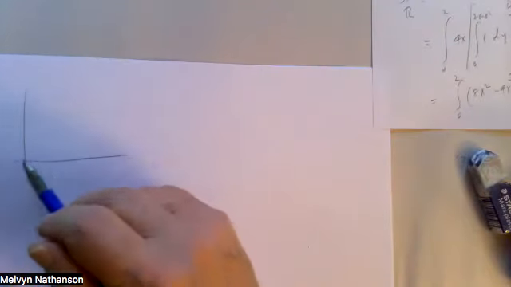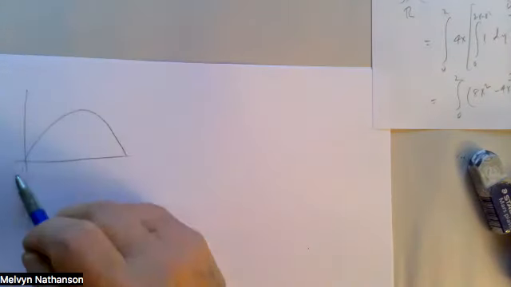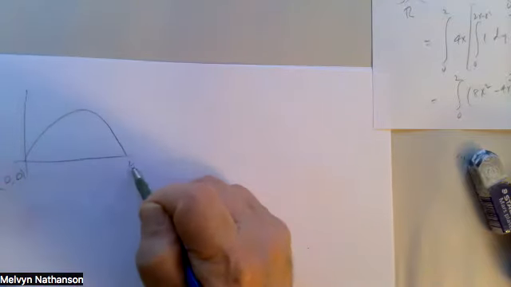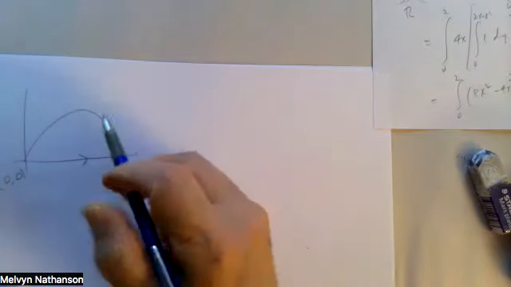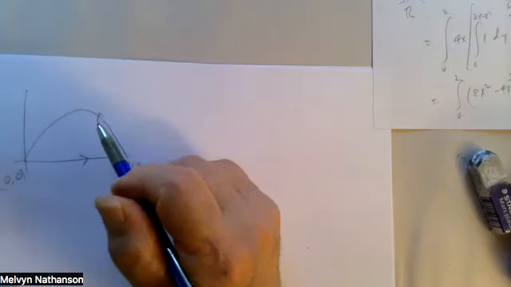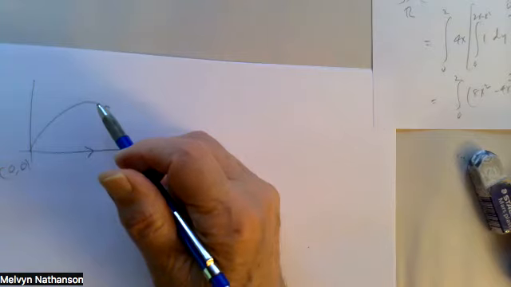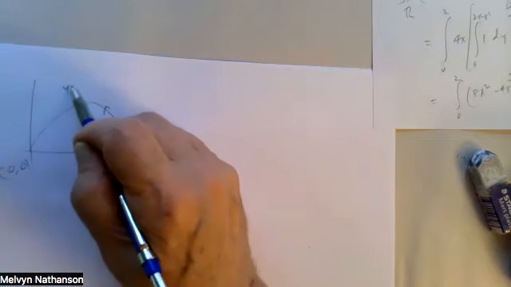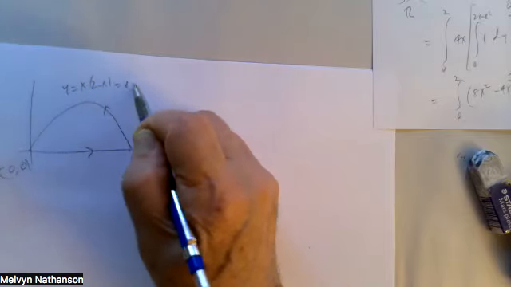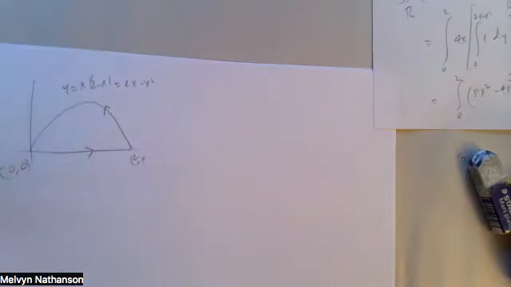So let me draw this region again. I'm going from 0 to 2 this way, and then back around this way. This curve is y equals x times 2 minus x, or 2x minus x squared.